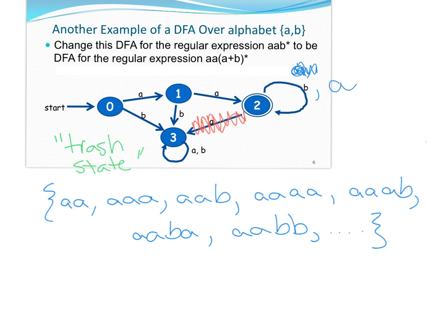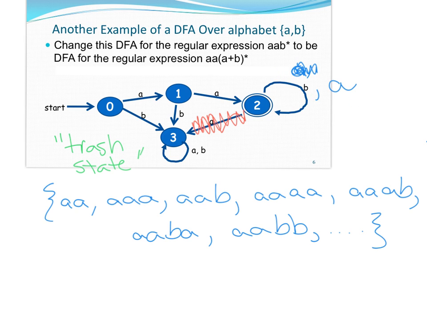That looks better. So once we're in state 2, we are golden. We have seen two A's, and we know if we see nothing else, we're good, we accept. If we see another A or another B or as many as we want of either of them, we're good. And so we're going to make this transition be the transition B, comma, A now, right?